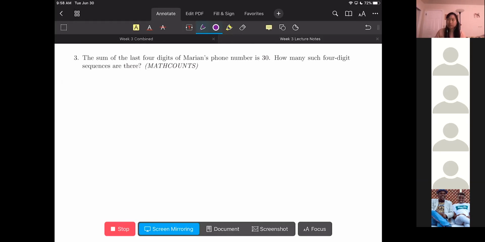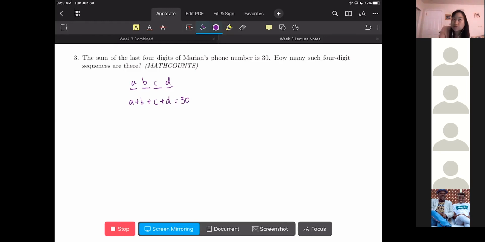So here we also have a similar restriction. We have 4 digits here, A, B, C, D, and we know A plus B plus C plus D equals 30.